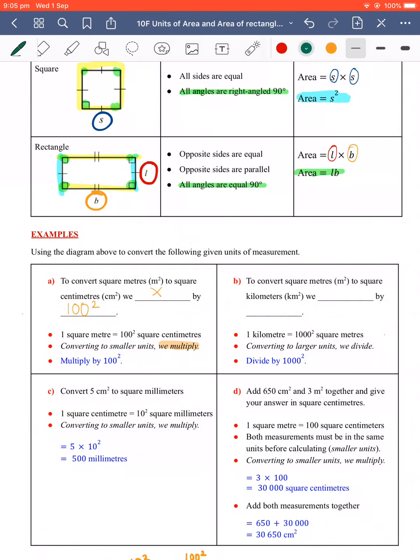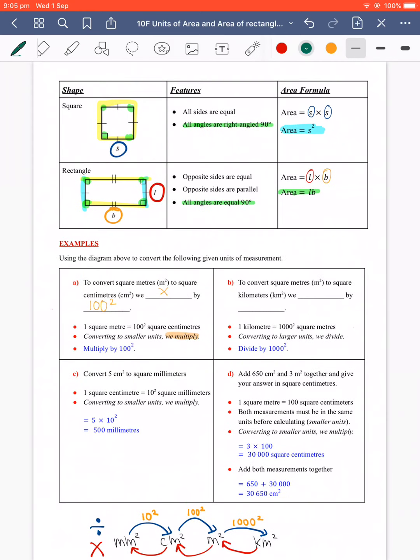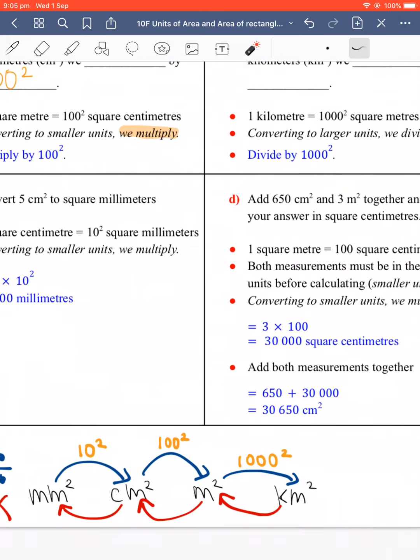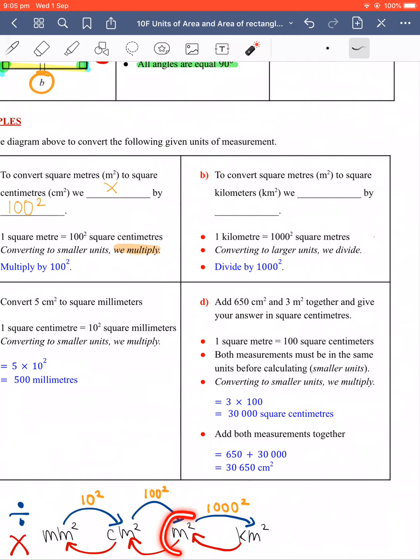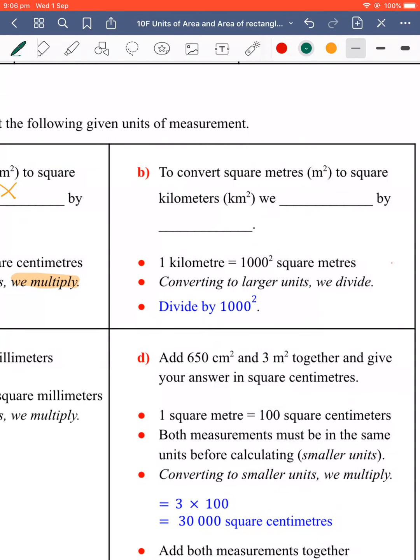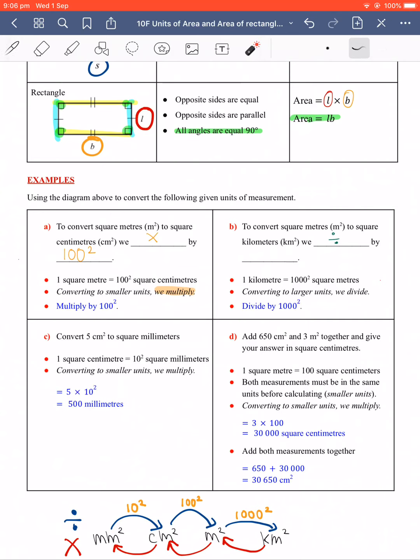Next one that we have here, just going to change my color so you can see a couple of things. We are going from meters squared to kilometers squared. So I'm starting off with meters squared and I'm going to kilometers squared. So I am going to be dividing. If I am dividing, I am then going to be dividing by the number above, which was 1000 squared.